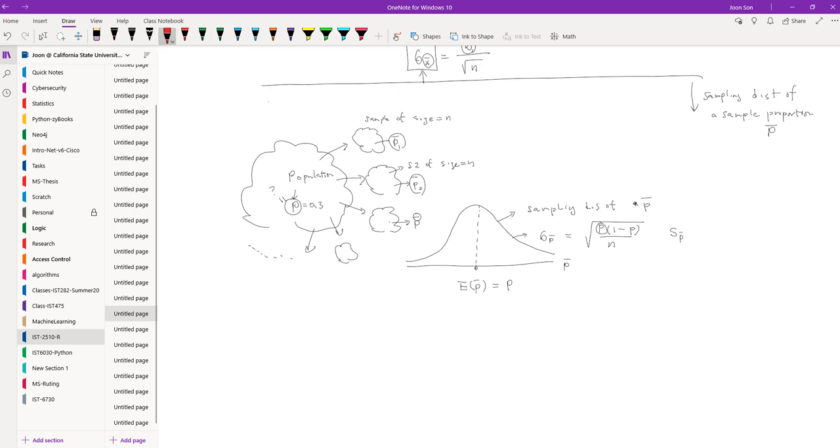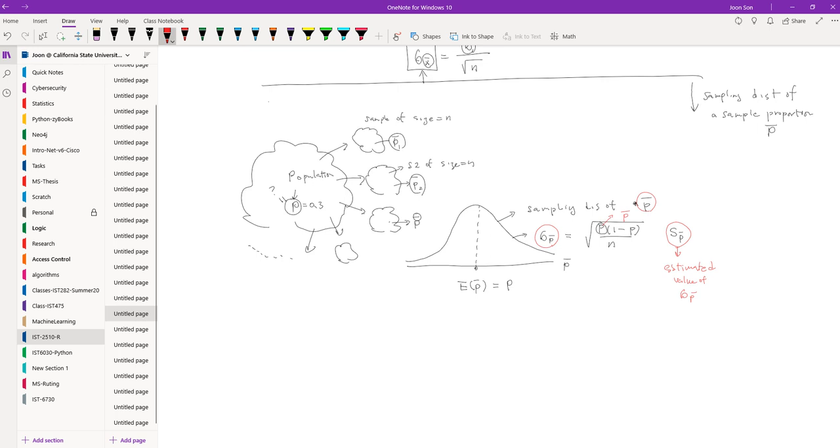So basically this is the estimated value of sigma P bar. Instead of p, we are going to use P bar, the value you can get from a sample.